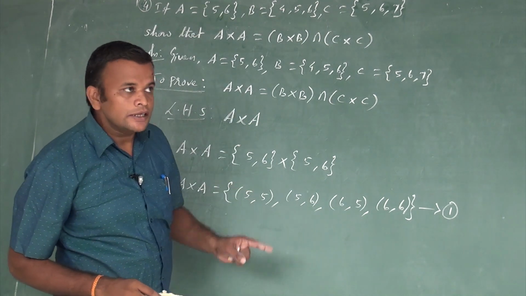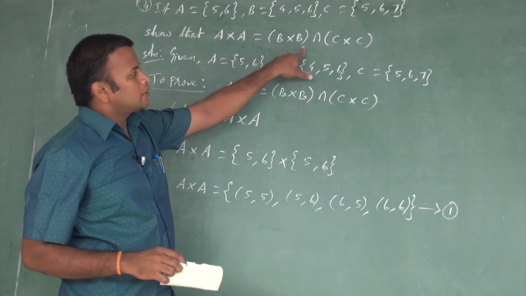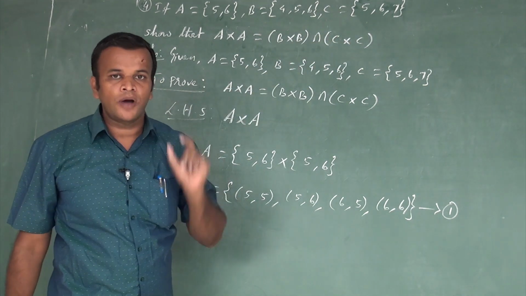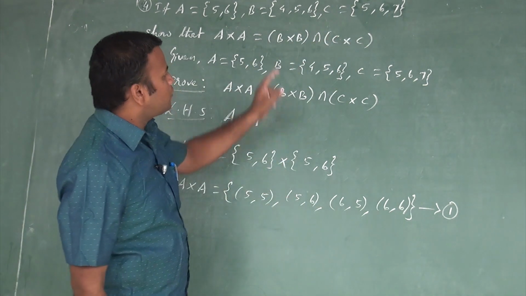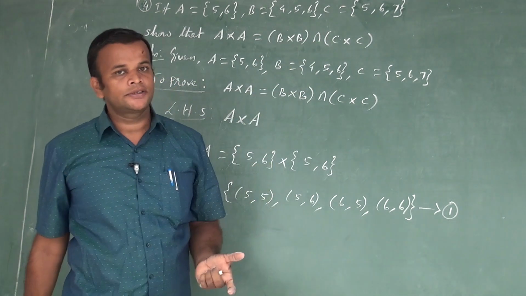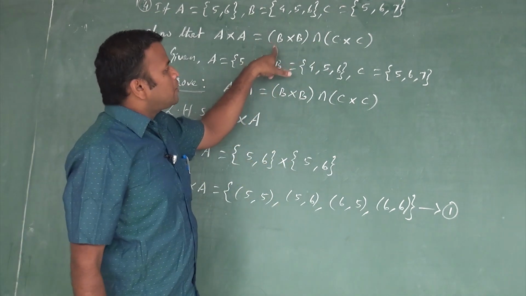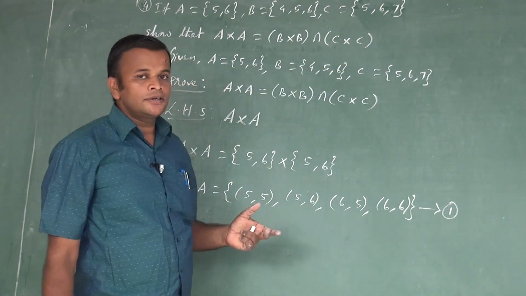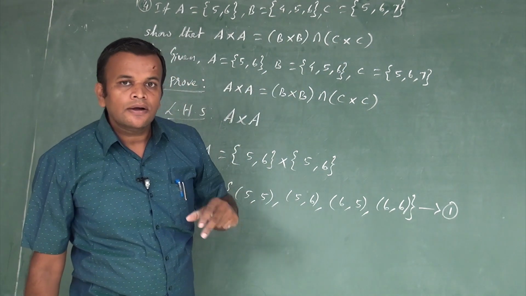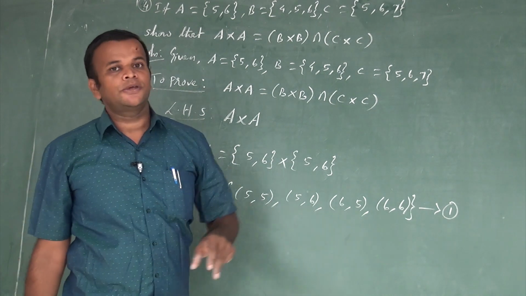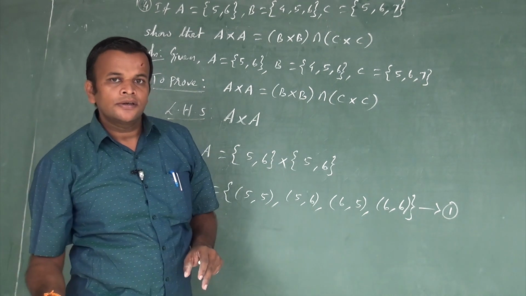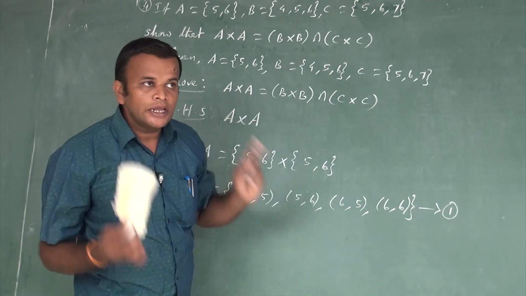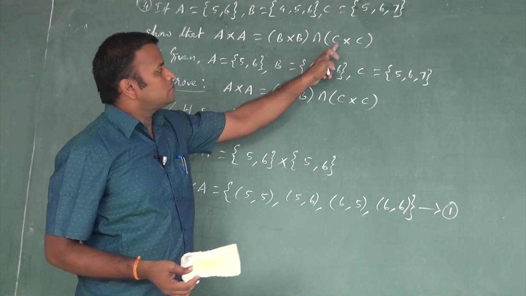The right hand side is B cross B intersection C cross C. So to find the intersection of these two Cartesian products, in B cross B intersection C cross C, first we find the Cartesian product of B cross B. Next we find the Cartesian product of C cross C, because we need the intersection of these two sets.